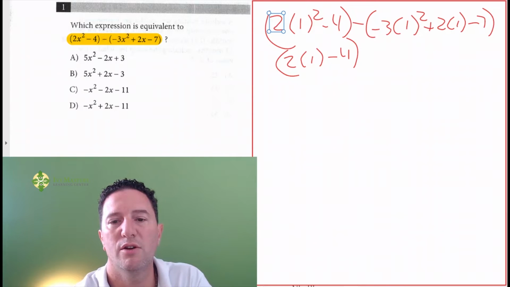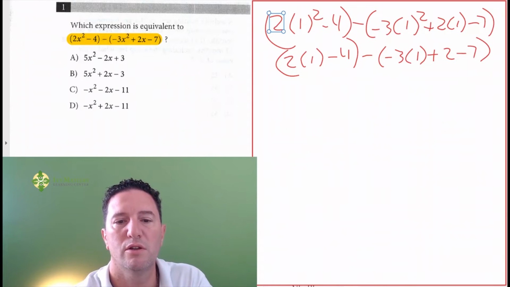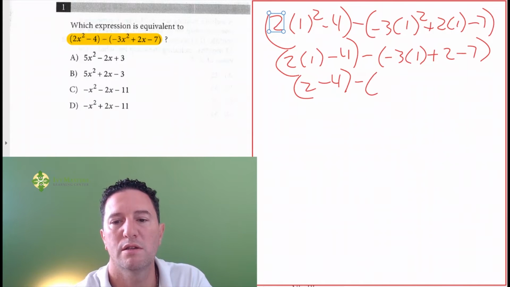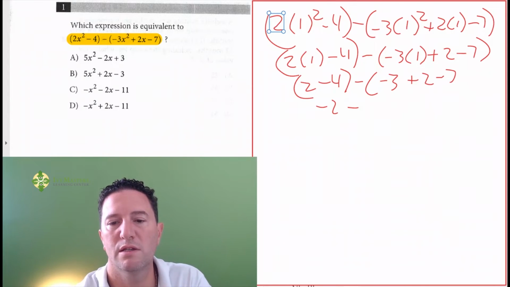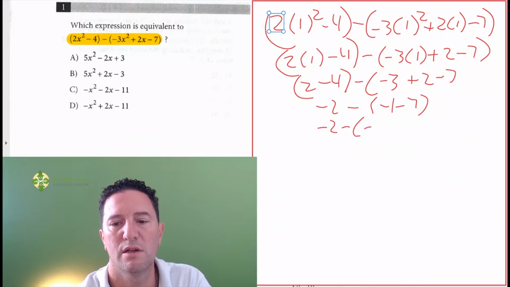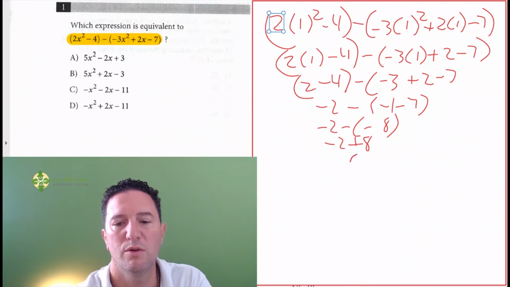And then here, I'm going to leave the minus, it's negative 3. 1 squared is just 1. 2 times 1 is 2, minus 7. Close the parentheses, 2 times 1 is 2. 2 minus 4, minus negative 3 plus 2 minus 7. You get negative 2 minus, negative 3 plus 2 is negative 1 minus 7. Negative 2 minus negative 8, which is negative 2 plus 8, which is 6.